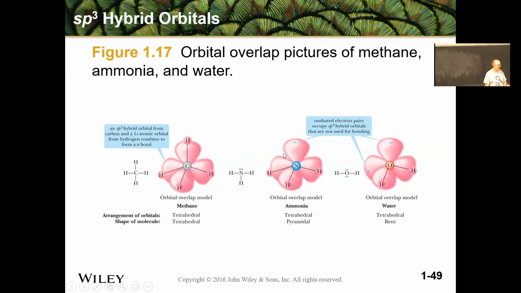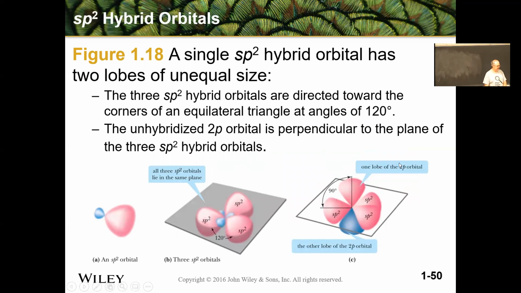The lone pair is also in an sp3 orbital, just not used for bonding. And then oxygen, again, has four of these sp3 hybrid orbitals, and it has two lone pairs.